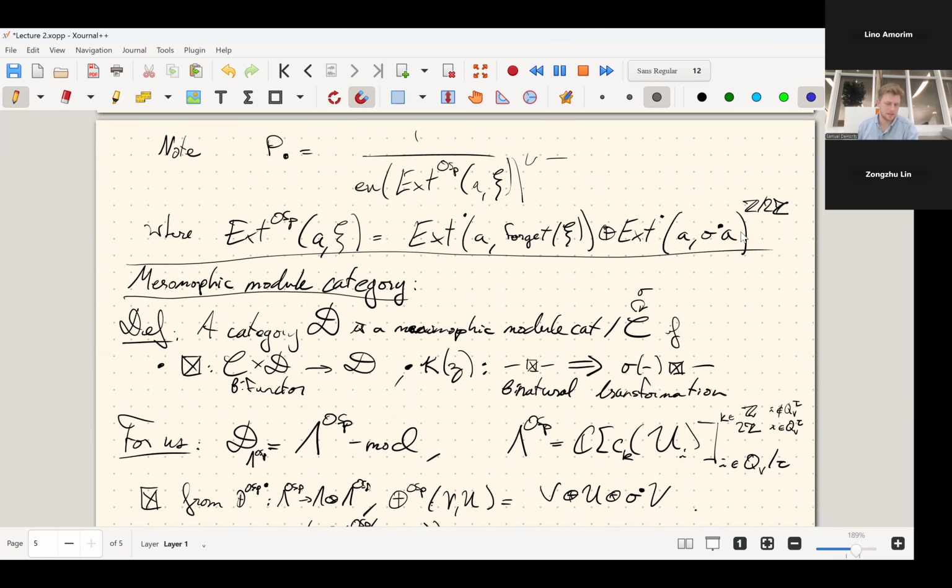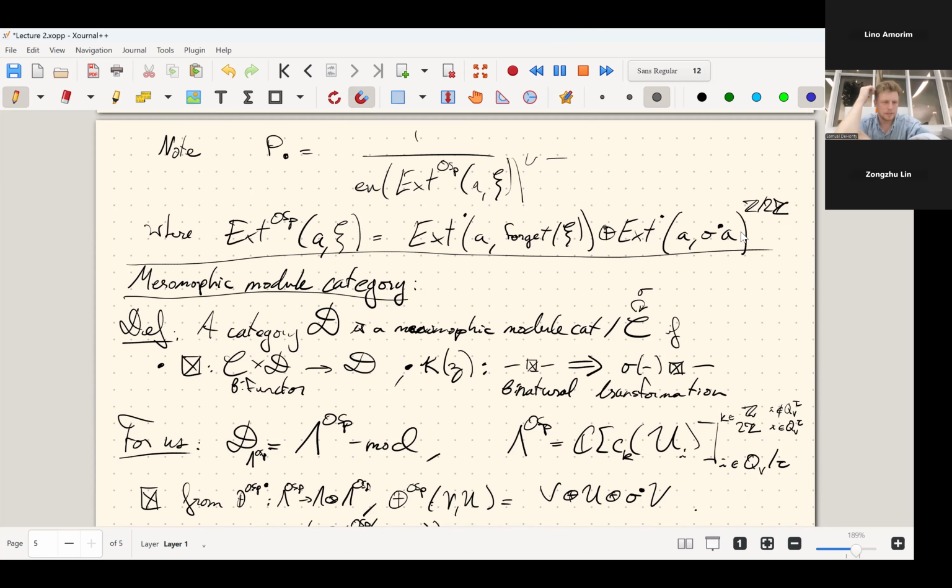And this has this nice description just in terms of the underlying X's in the previous category. And from this data, we can define the ambient simple meromorphic module category that our Orientifold lines are going to live in.